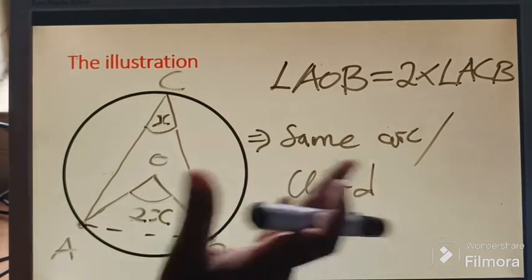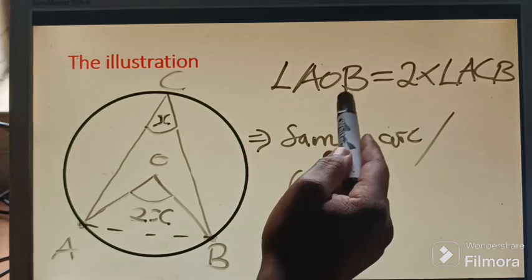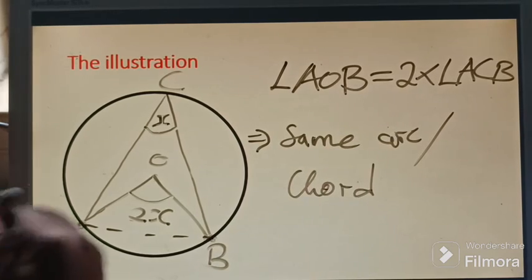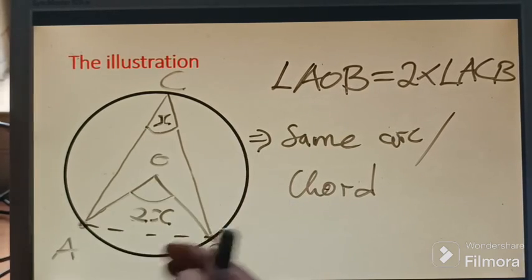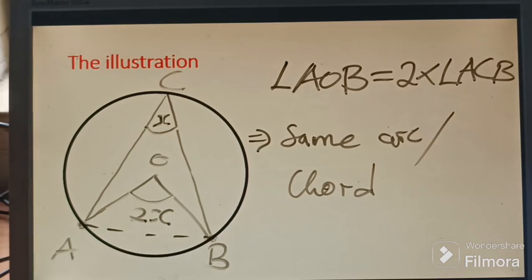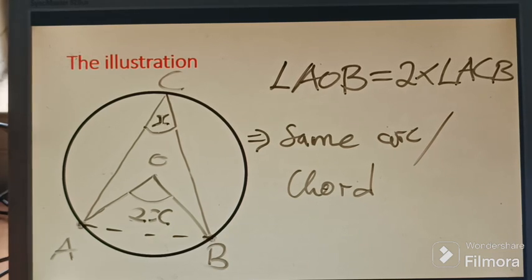So using this understanding, using this equation, we can work out angles given in any exercise or in any question. Let's look at an exercise where we are applying this knowledge.